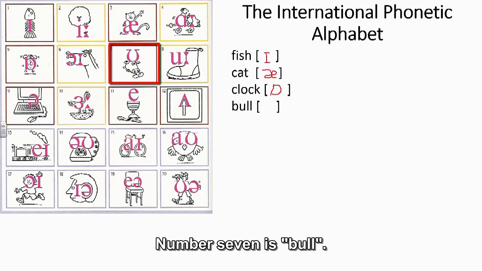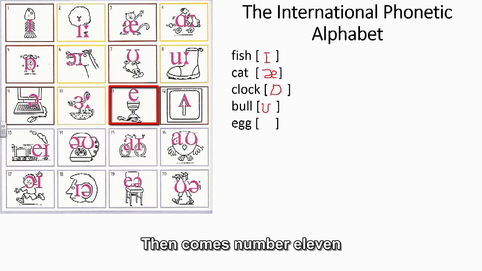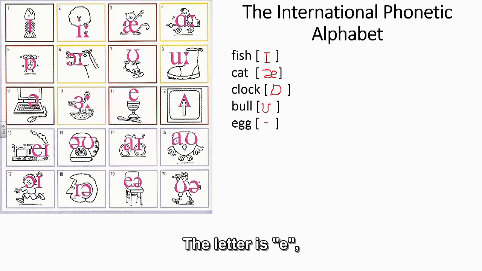Number 7 is bull. Then comes number 11, egg. The letter is E, but the sound is E.